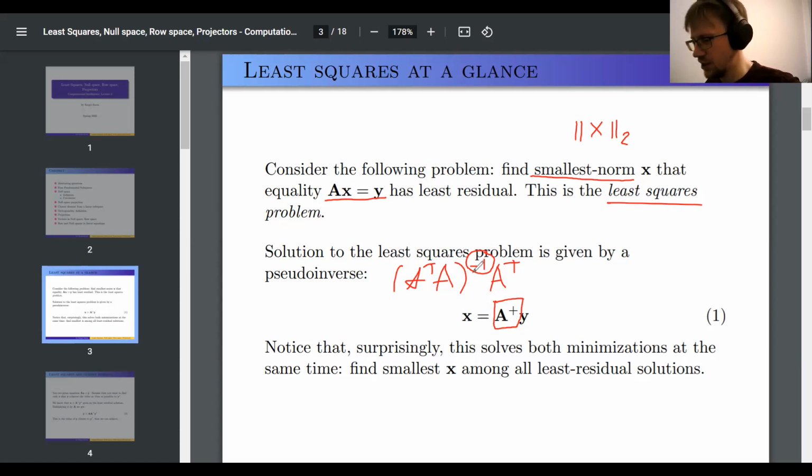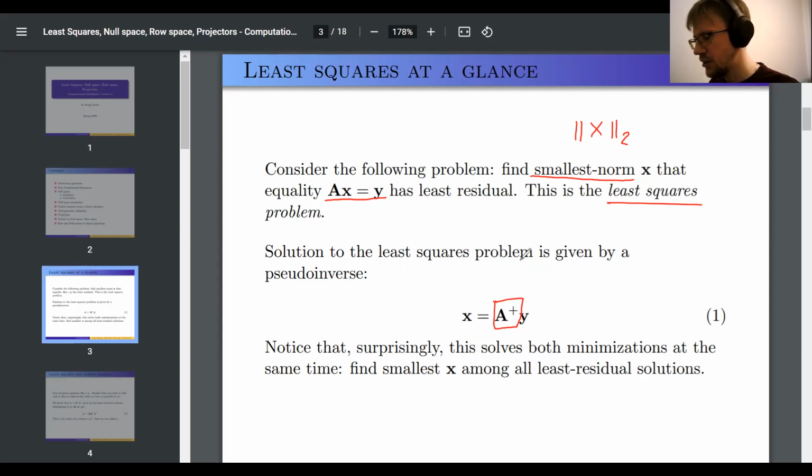No one uses this basically. No one computes inverses. So saying that this is a definition of pseudo inverse is just academic. It's interesting, but it is academic. We will get to this formula later. You will see how this formula is derived. So no problem for now.